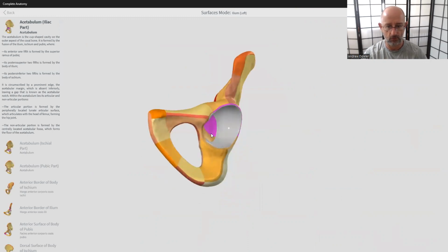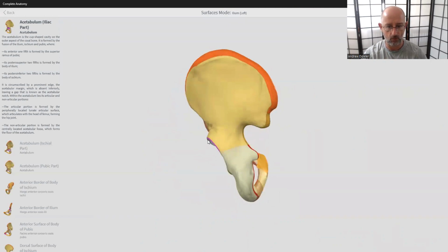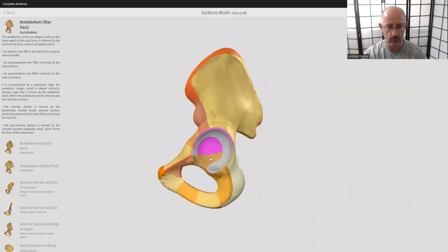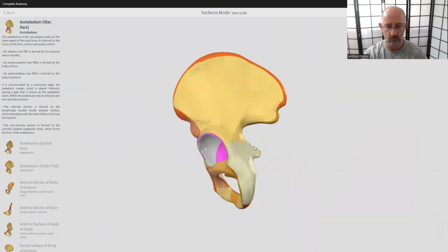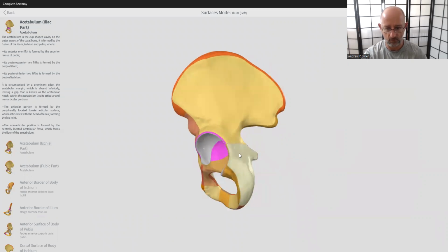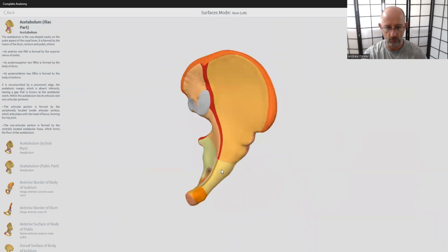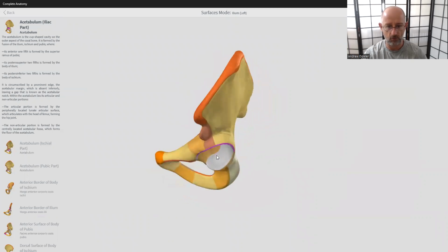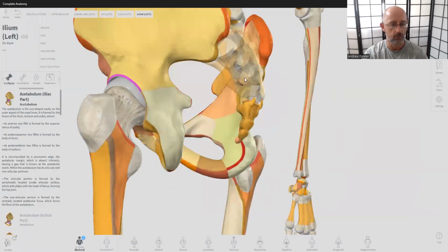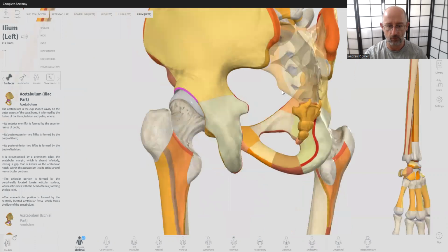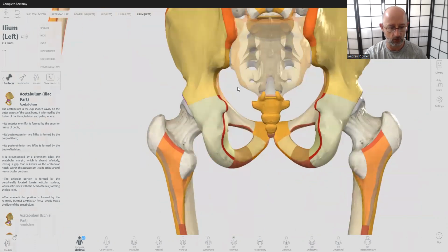So this big circle in here, that's the acetabulum, the big hole or the big socket. That's where your femur will sit. You can see this is the ilium, this is the ischium, and this part here is the pubis. Those three bones together make up the acetabulum. It's the biggest ball and socket joint in the body.